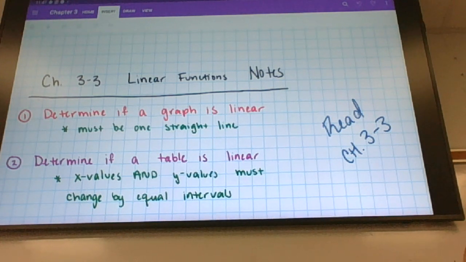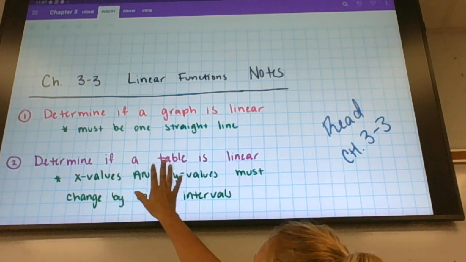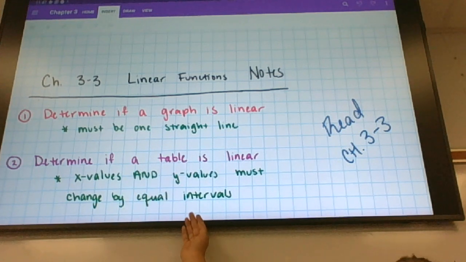Okay, so your whole assignment is on deciding if something is linear or nonlinear. Looking at a graph, is it a straight line, yes or no? That's doable. But they're going to ask you about a table where they don't even graph it. They just give you a table of values and say, is this linear or nonlinear? So what you need to know, looking at a table, if the x and y values change by equal intervals, then that's linear.